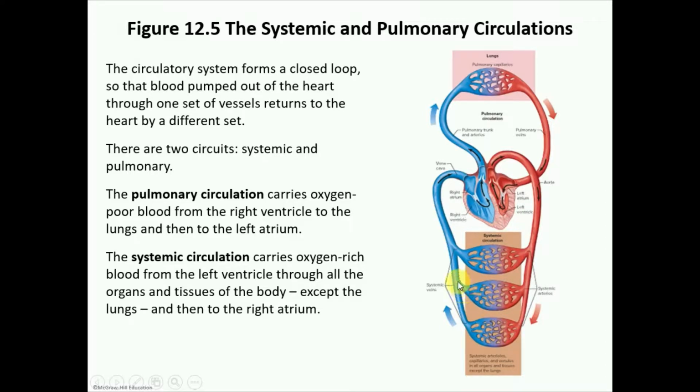And then that deoxygenated blood will go back to the heart, and all of that will pour into the right atrium. This represents your systemic circulation. So in pulmonary circulation, you start off with deoxygenated blood, and you end up with oxygenated. While in the systemic circulation, it's the exact opposite, where you start off with oxygenated blood and you end up with deoxygenated blood.